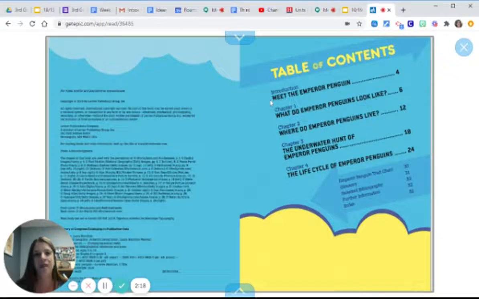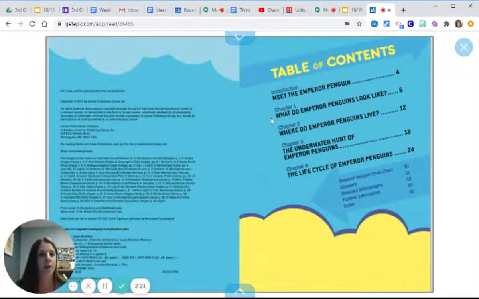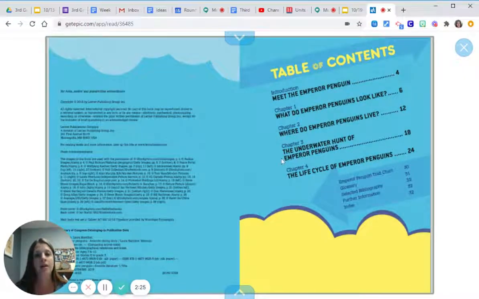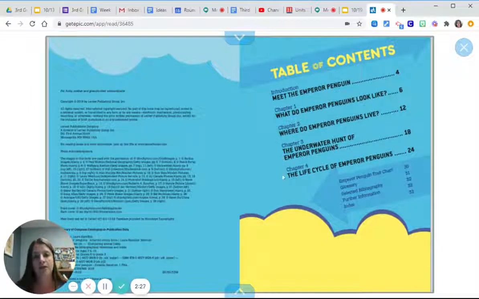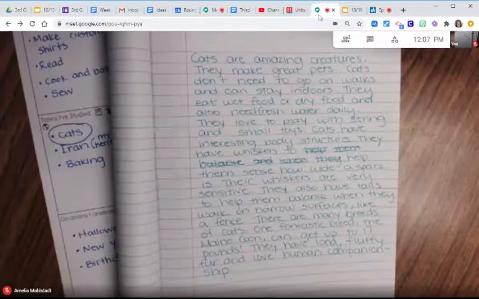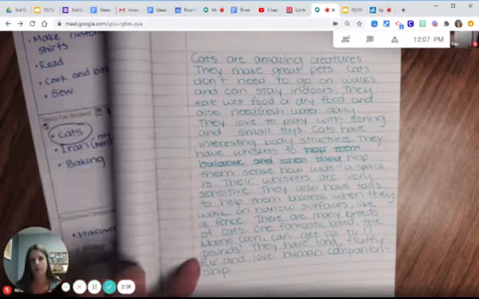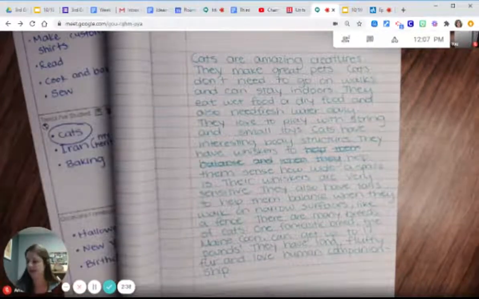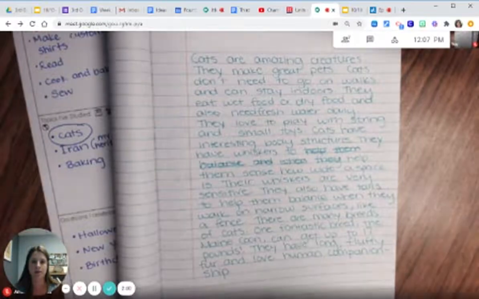So they have meet the emperor penguin, what do emperor penguins look like, where do emperor penguins live, the underwater hunt of emperor penguins, and the life cycle of emperor penguins. So now that I've seen this text, I'm thinking that we can maybe divide up my writing into the subtopics to create a table of contents.